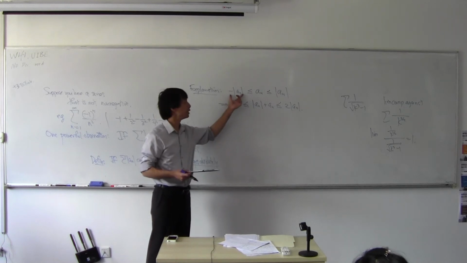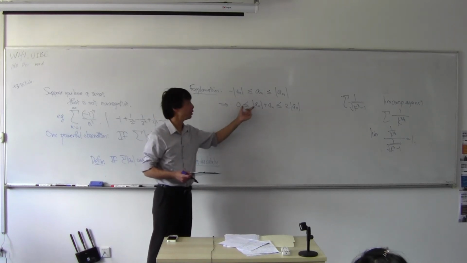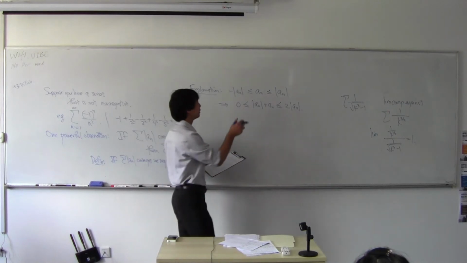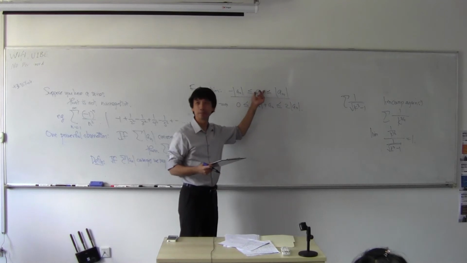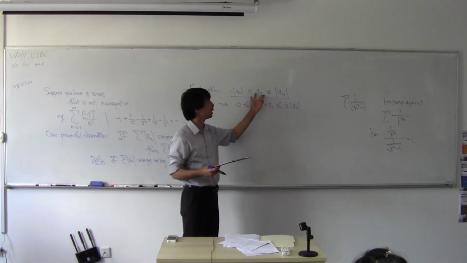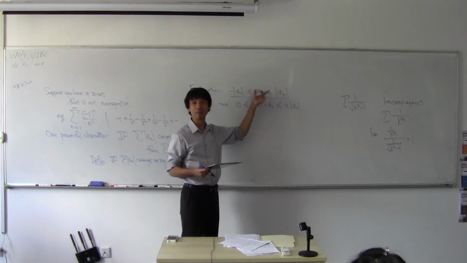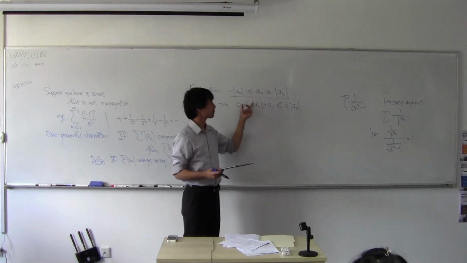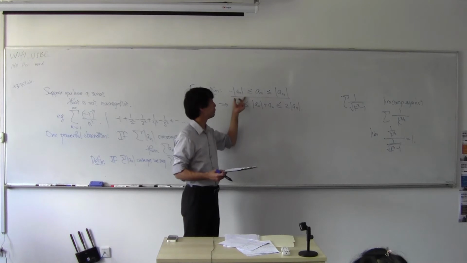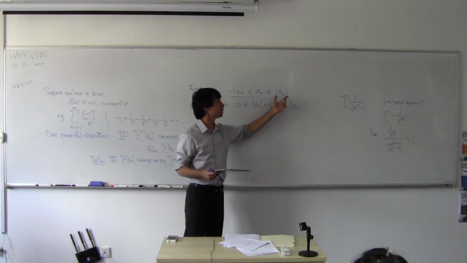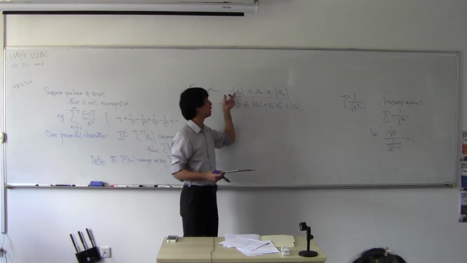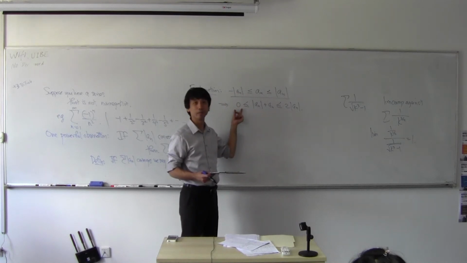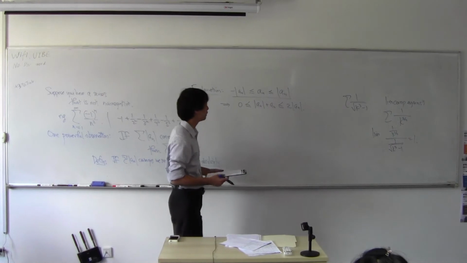Everybody see that? I just added the absolute value of a sub n all the way through. Any number lies between its absolute value and its negative absolute value. Then I get 2 absolute value of a sub n, I get a sub n plus the absolute value of a sub n, and I get negative absolute value plus absolute value, that's 0. So I'm just adding the same number all the way through.